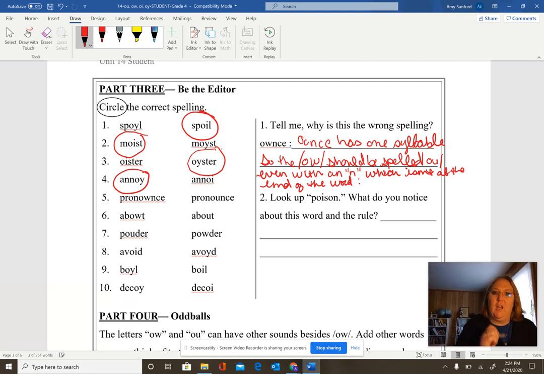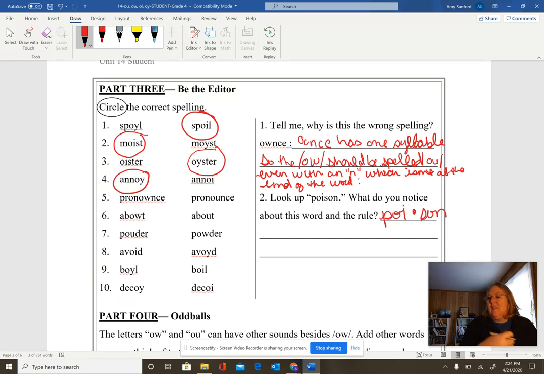Okay, so if we look up the word poison, what do you notice about the word poison? If I was to split that word poison, I know that I would split it into 2 syllables. P-O-I, split S-O-N, right? So the end of the syllable in poison should be spelled O-Y, poi, right? But it isn't.